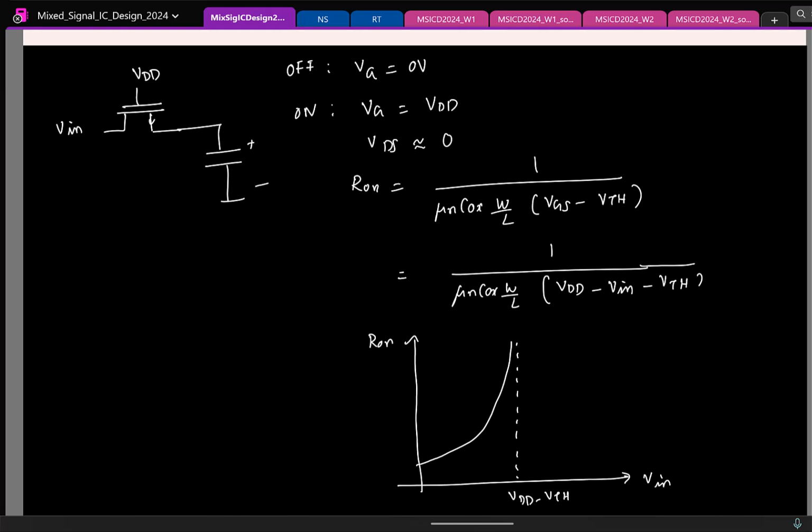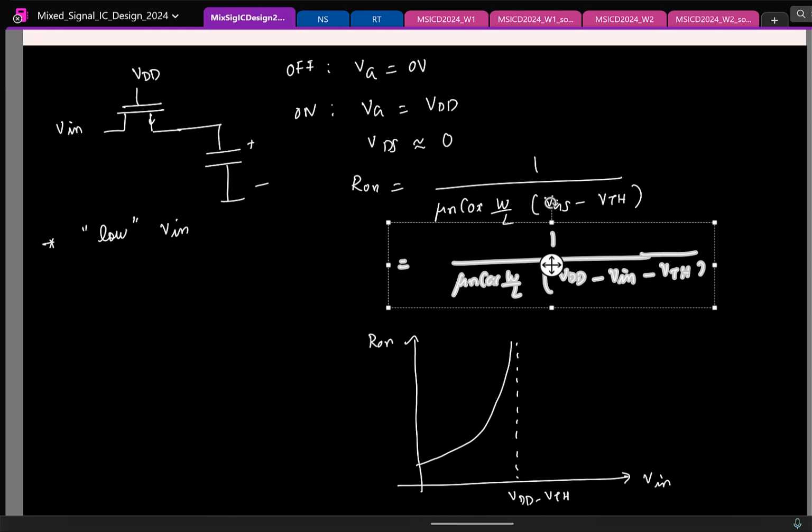Cool. So from this, one thing is clear: my NMOS is a good switch for low values of Vin. How low it should be depends on what on resistance you can have in your circuit. Secondly, let us look at this expression for the on resistance.